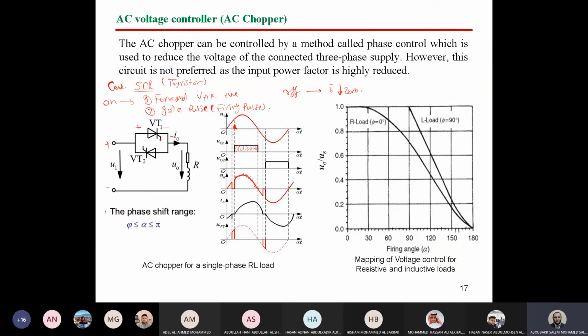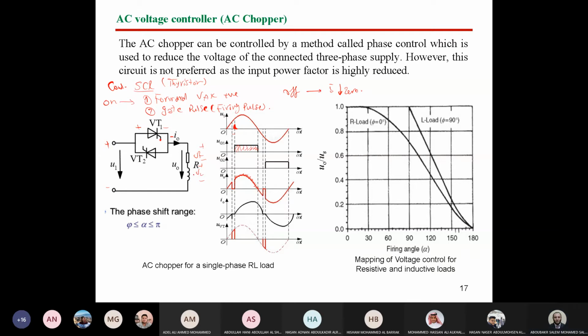For the current in an RL load, you have R and L, which means that the inductance will be charged if it has positive voltage. We have here now two voltages, VR and VL. If VL is positive, the coil is charging. If the voltage across the coil inverts to negative, the coil will be discharged.